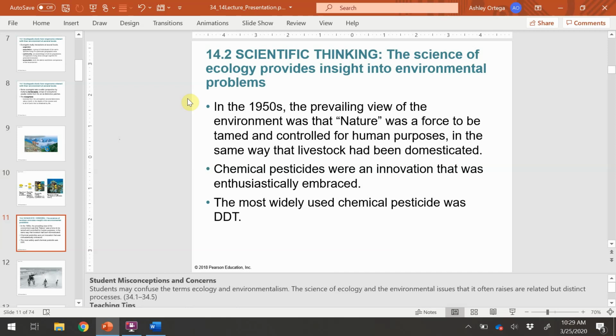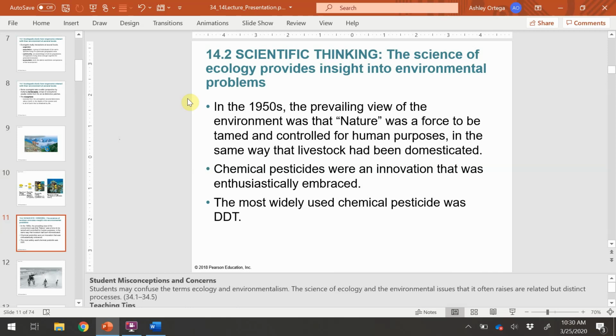Before this time, during colonization, pioneers moving westward settled and domesticated the life already in existence, and reinvented or changed things for human purposes.